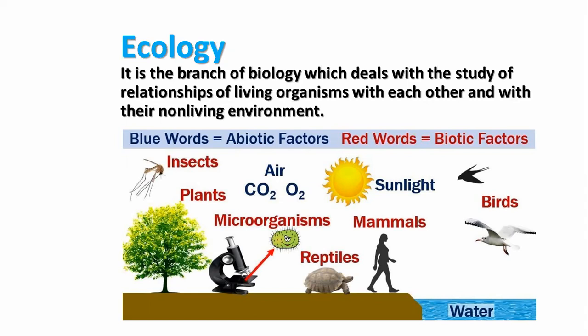Means in our surroundings, we have two types of components which make up our environment. We depend on both types of these components. We depend on the living organisms around us. We also depend upon the non-living things around us.